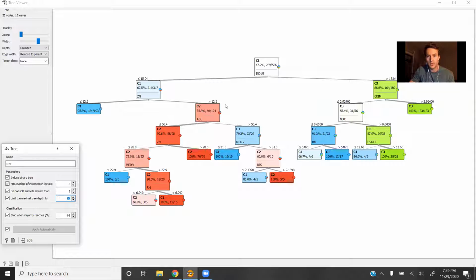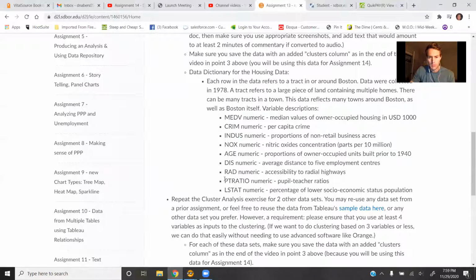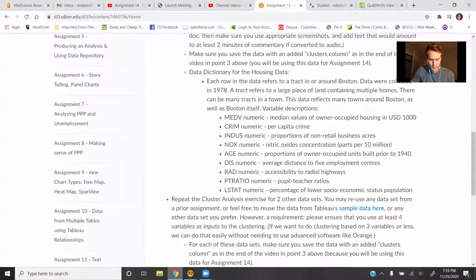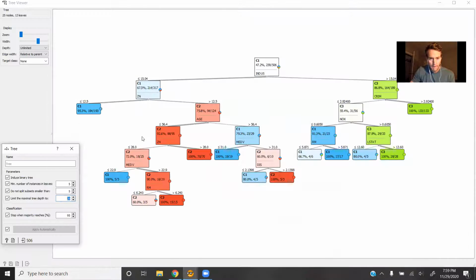And then here, if you can see that it goes to two different places, the arrows point to two different places. One is crime, where crime is less than this, it would go into these three different clusters. And then ZN over here. Let's see. I don't know where it went, but this one, you see it breaks it out into age, and we'll just focus on this little cluster of trees over here.